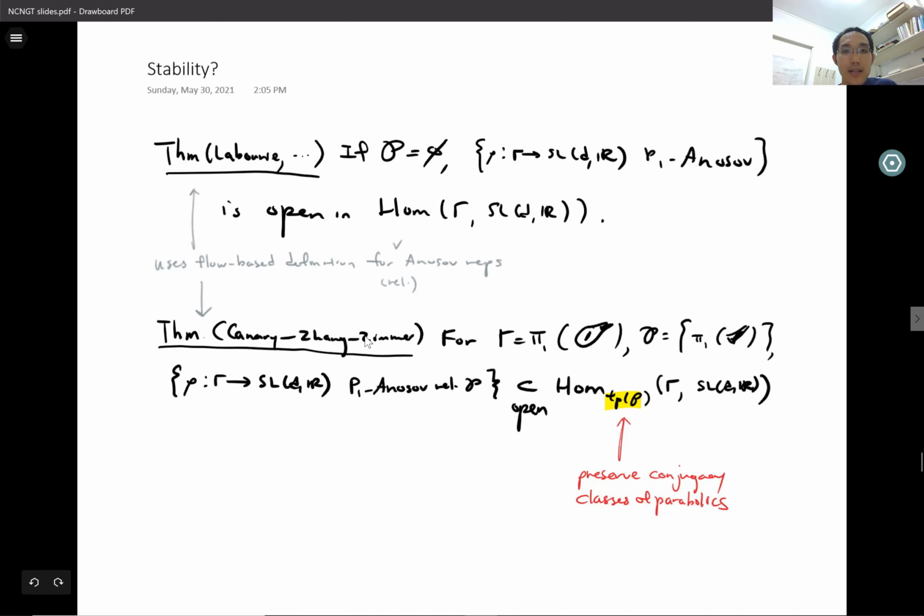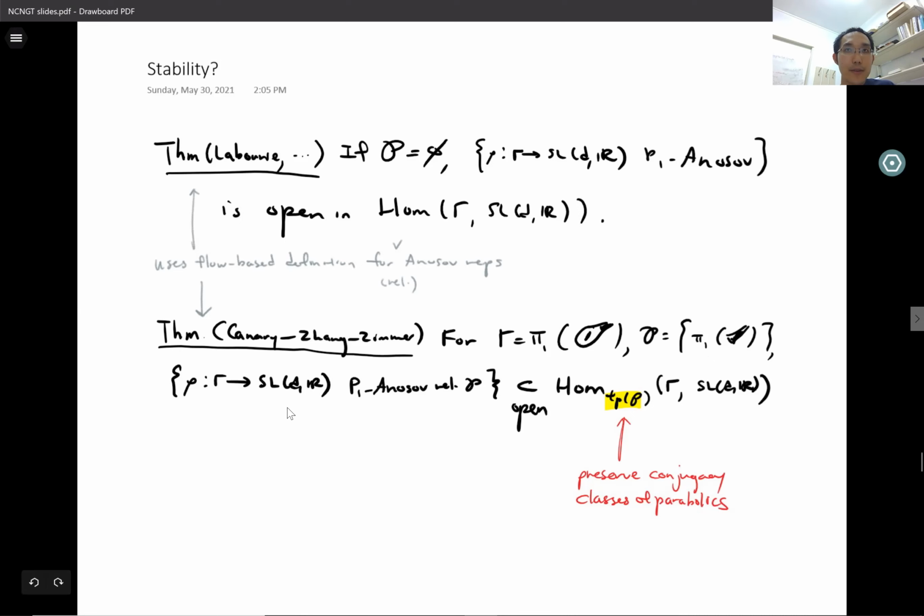Recently, Canary, Zhang, and Zimmer have shown a similar result when gamma is the fundamental group of a cusped hyperbolic surface, and curly P is the collection of cusp subgroups. And in this case, they prove that the set of representations which are P1 relatively Anosov, relative to this curly P, is open, not in the space of all representations, but rather in the subspace of representations where these parabolic, peripheral subgroups get sent to prescribed parabolic conjugacy classes.